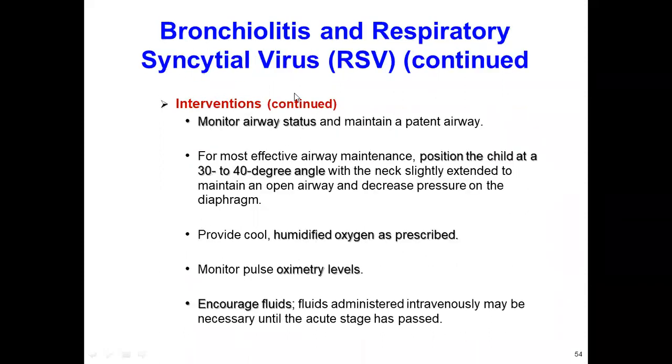Monitor airway status and put the patient's bed at a 30 to 40 degree angle. This positioning of the child helps respiration. Provide cool, humidified oxygen and monitor pulse oximetry, encouraging enough fluid.